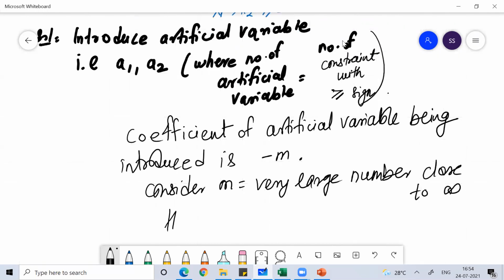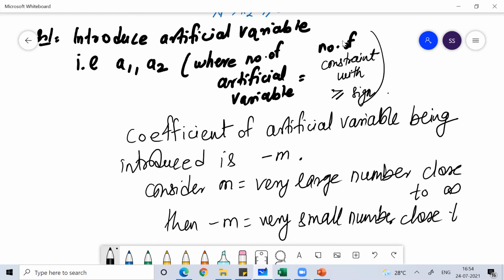Then minus M is a very small number. The purpose here is that you introduce those variables into the equation such that they should not impact the solution.